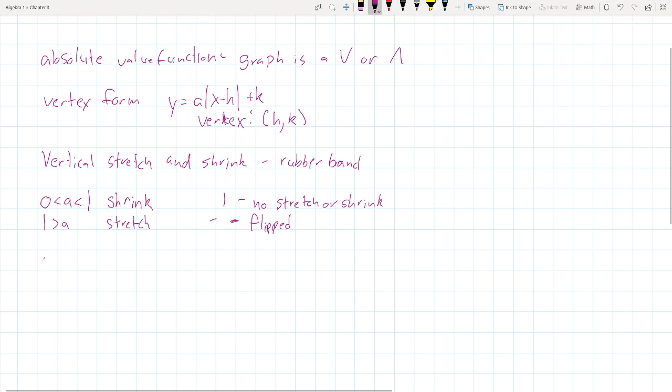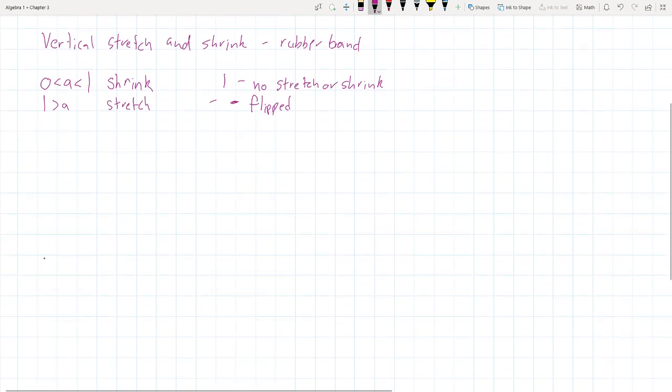All right. So we're going to do a couple examples, seeing this stretch and shrink and other transformations. State the vertex and graph, make a table of values if necessary, plot at least 5 points. Okay, number 1: y equals the absolute value of x minus 1.